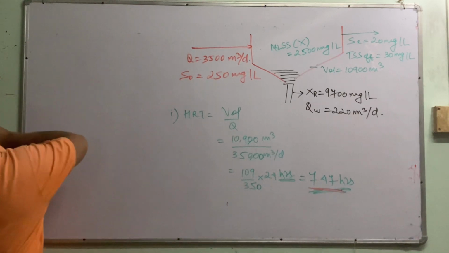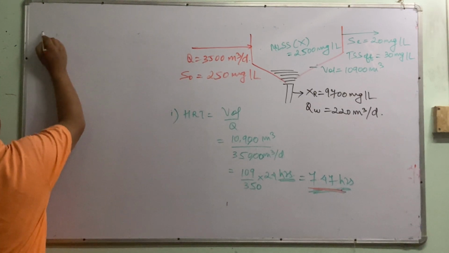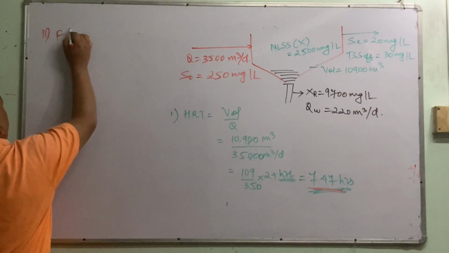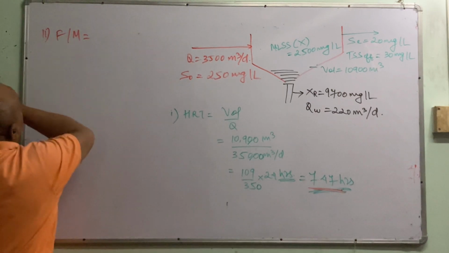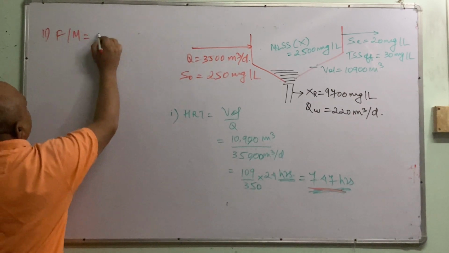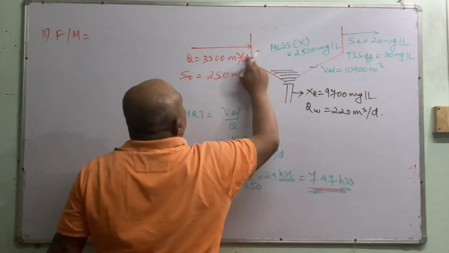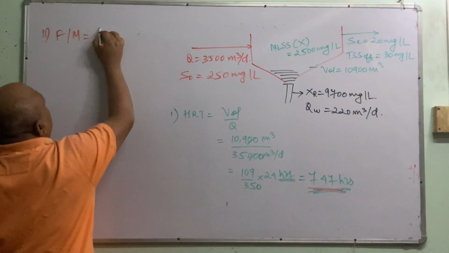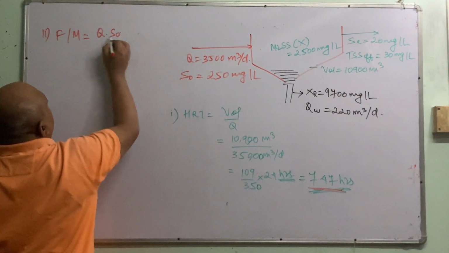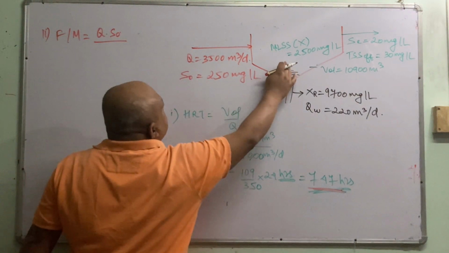Number 2, what is the food to mass ratio? Food, I told you, is the BOD. How much BOD is there inside? That is Q into S naught. Mass, how much mass is there?